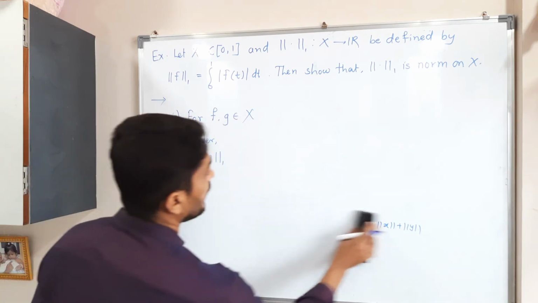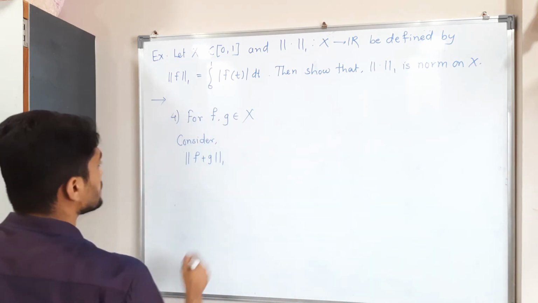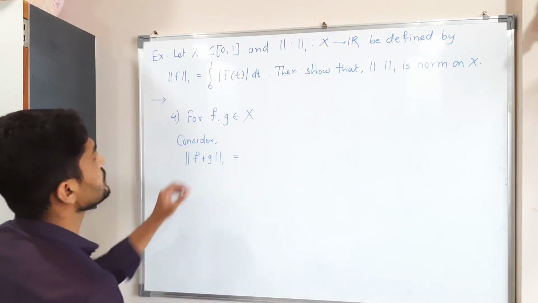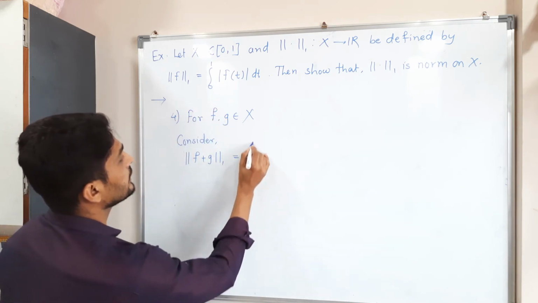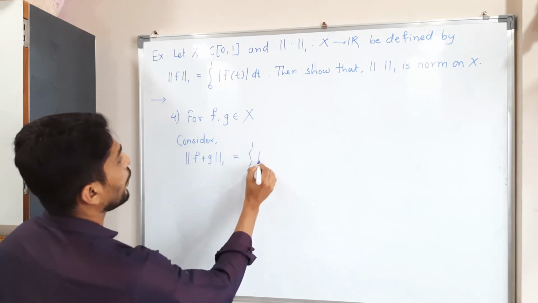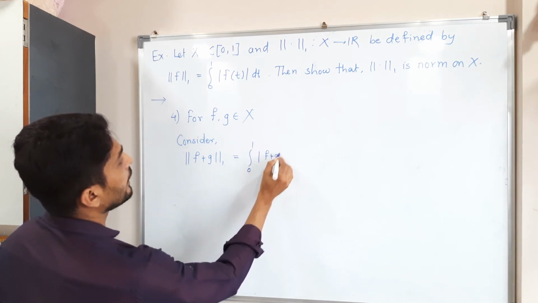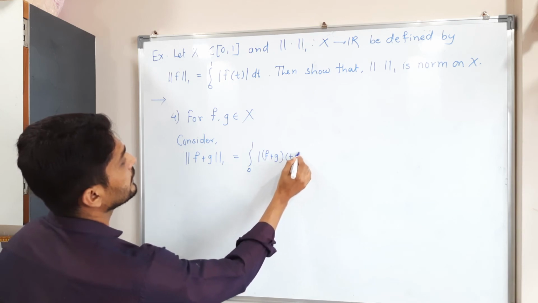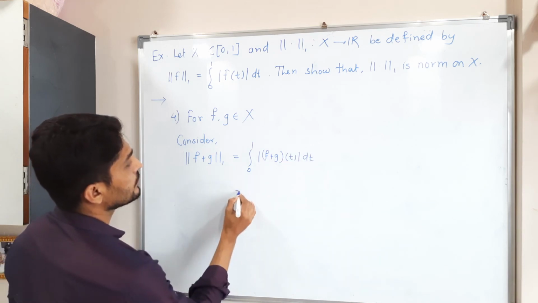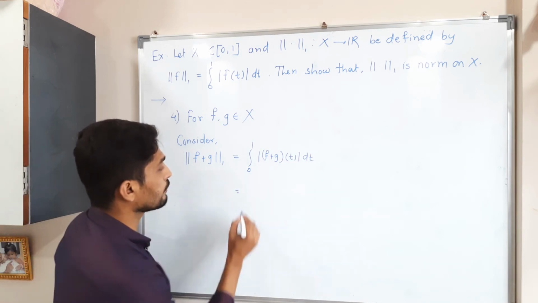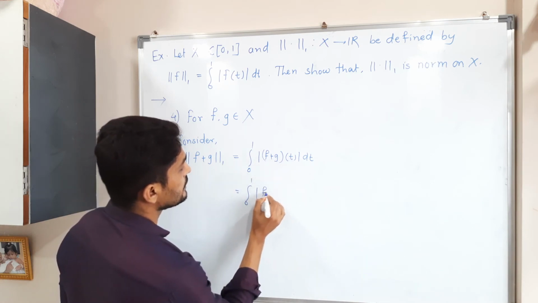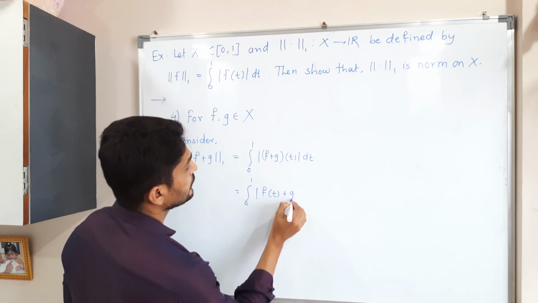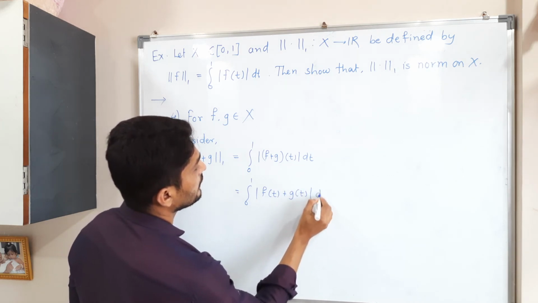Okay, so let us go further. What will I do? I will apply the definition. The definition involves integration, so integration 0 to 1 of mod of f plus g, we have f plus g of t dt. So this is equal to, the next step obviously is that f and g will operate on t. So this is f of t plus g of t dt.